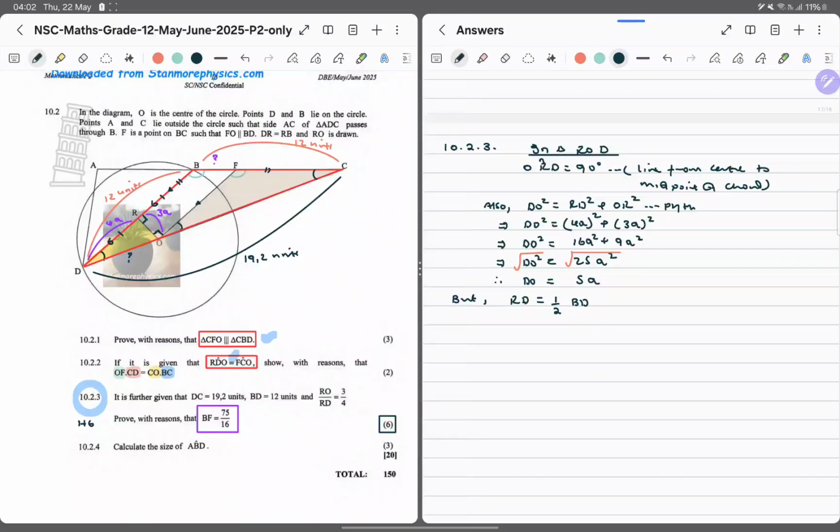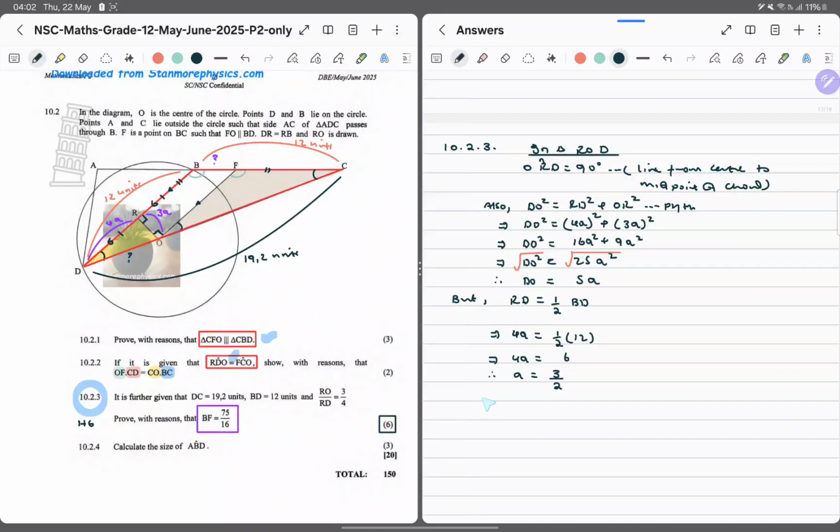That is evident. We're not going to explain. So this implies that RD, which is 4A, is equal to 1 over 2 into 12. So this implies that 4A is 6. Therefore, our A is 3 over 2 when we solve.